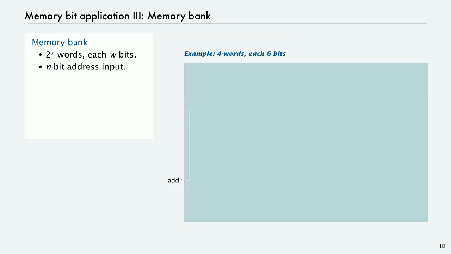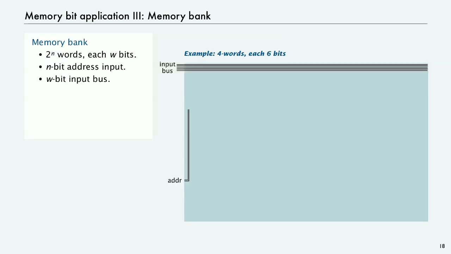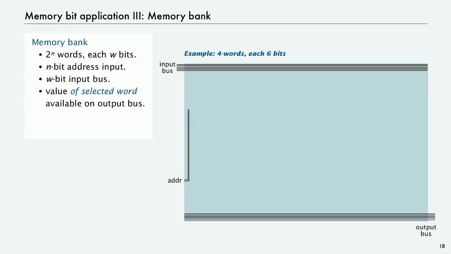So we give n bits of address input, that's over at the left. And then however many bits per word, we have an input bus. And then the value of the word whose address we give is the one that's available on the output bus. That's a memory bank.